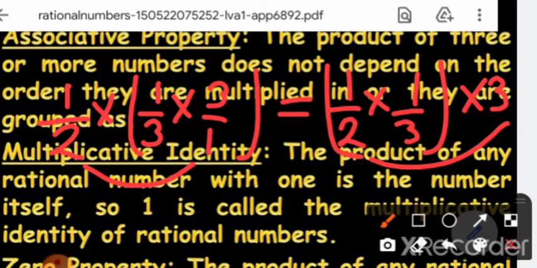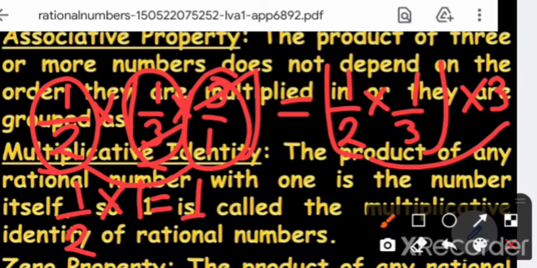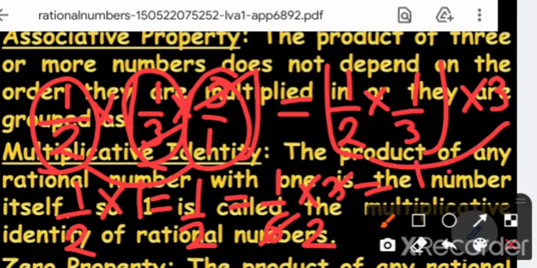There are three rational numbers: first A, second B, and third C. So calculate it. LHS is equal to RHS. It is also fulfilled. So 3 cancels out 3. So 1 by 2 multiplied by 1 is 1 by 2. And on the other side, it is 1 by 6 into 3, so 3 twos are 6 and the answer is also 1 by 2.